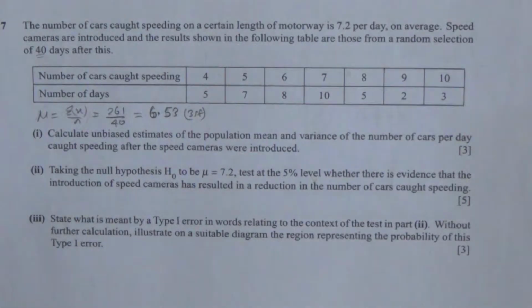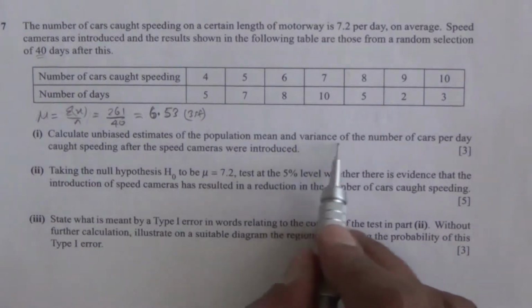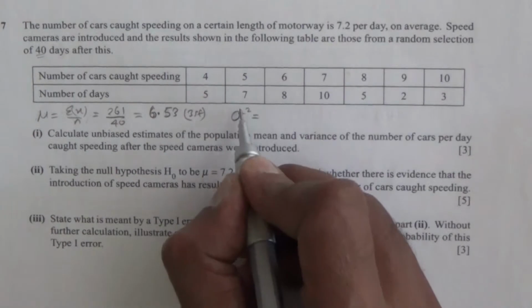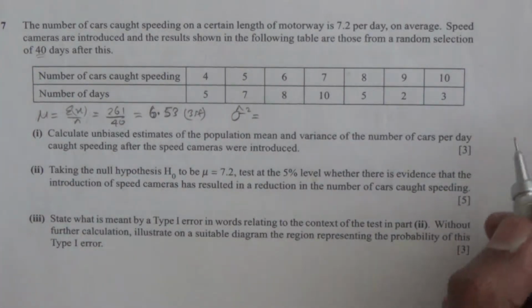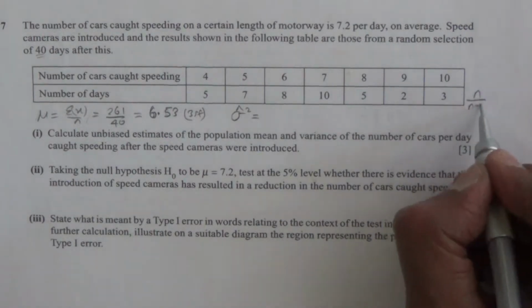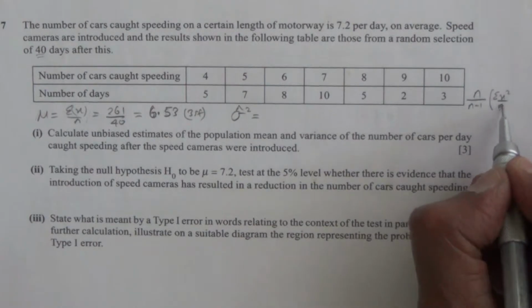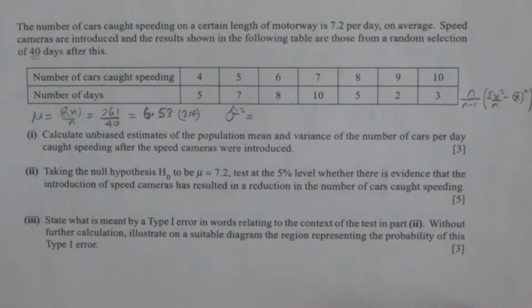For the second part, we need to find the variance, an unbiased estimate of the population variance. Now we're going to have to use the formula. Which formula we're going to be using is n over n minus 1 times the summation of x squared divided by n minus the mean to the square. Now I hope you get this.